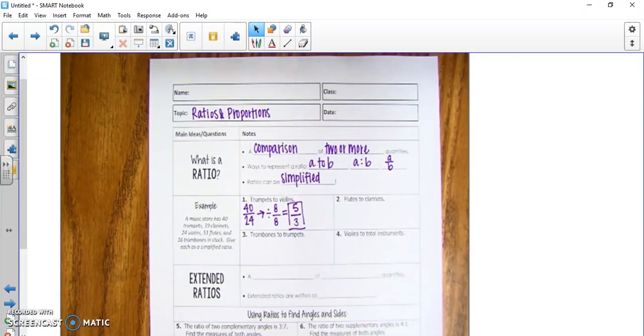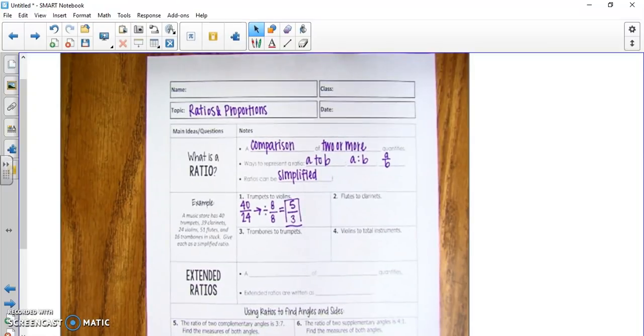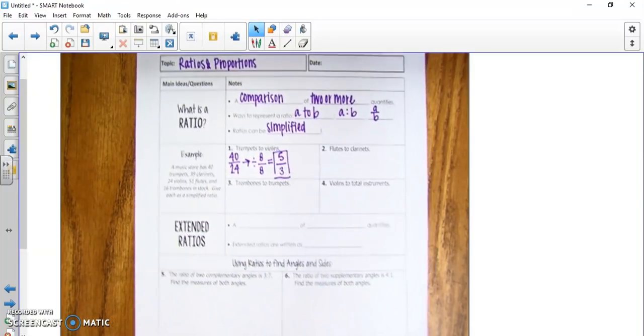Alright, so I will let you guys do the other 3. So I would pause the video and then complete those, and then complete your extended ratio notes.